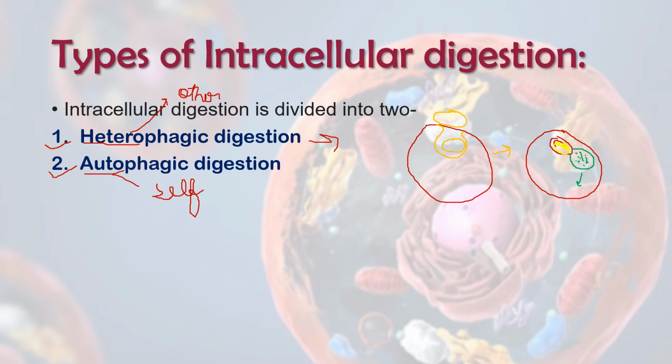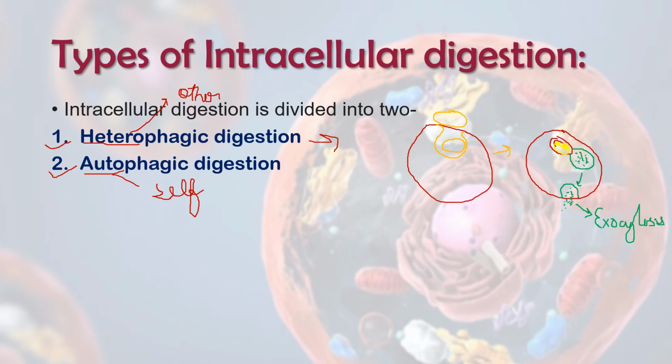And the rest, which is not used by the cell, is spit out with the process known as exocytosis. So this is the process exocytosis, where the unwanted or waste material is spit out by the cell.